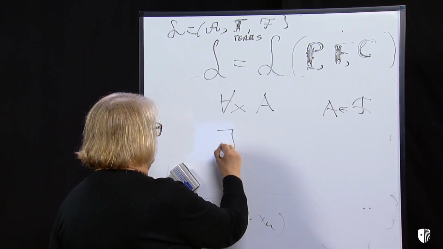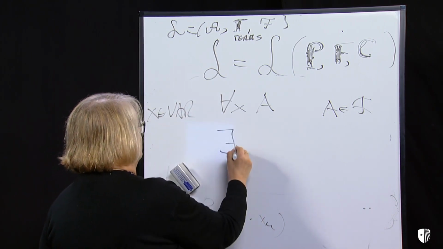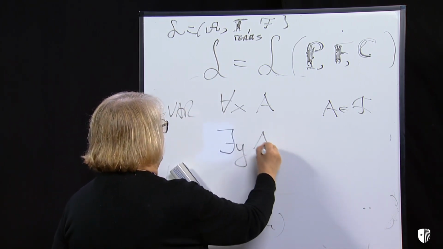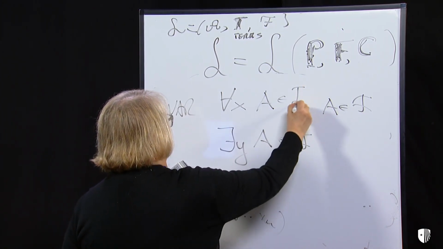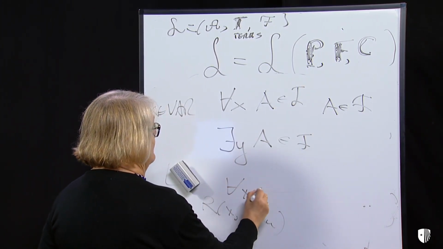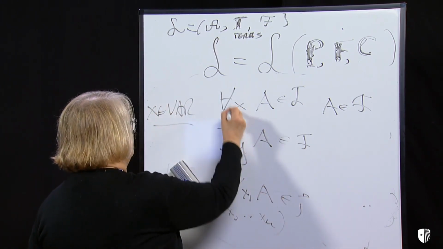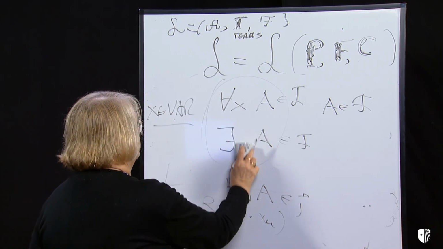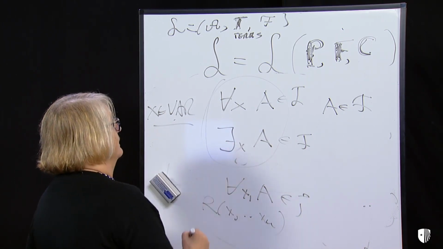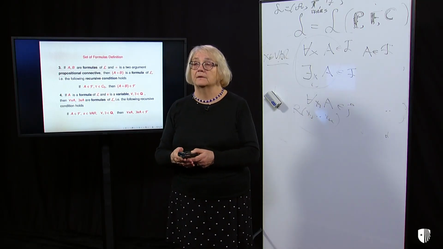And the same, x is any variable, so y A is a formula, x1 A is a formula, etc. So remember, in this definition x is any variable, so you don't need to distinguish them. It can be x, it can be y, it can be anything.